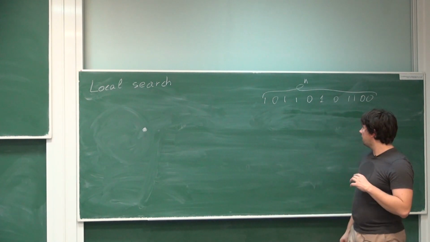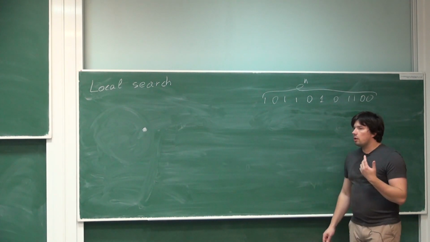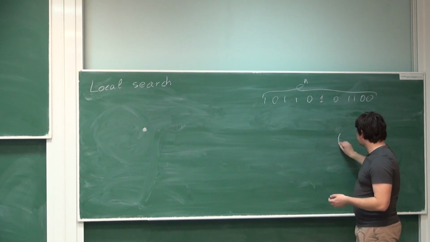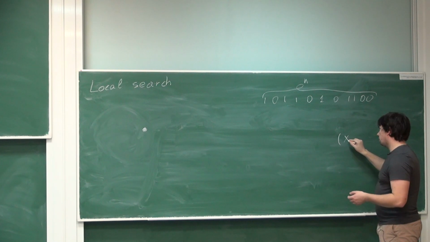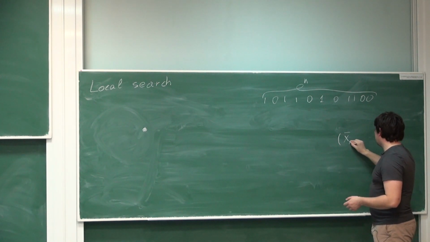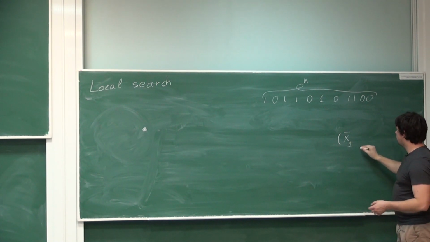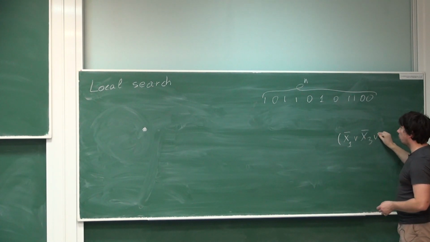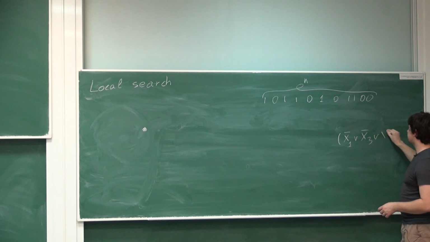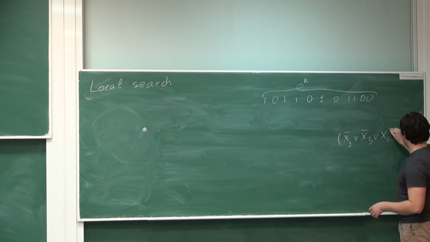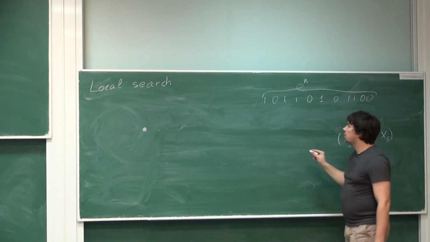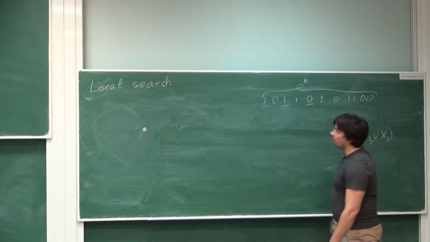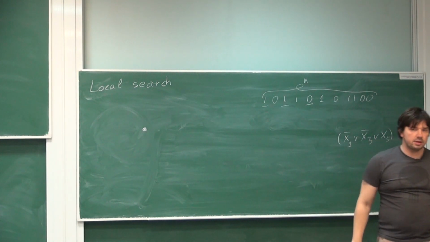So if it's not the correct assignment, then there is a clause that is not satisfied. For example, x1 negated or x3 negated or x5. So this is a clause that has this variable, and this variable, and they're all wrong.